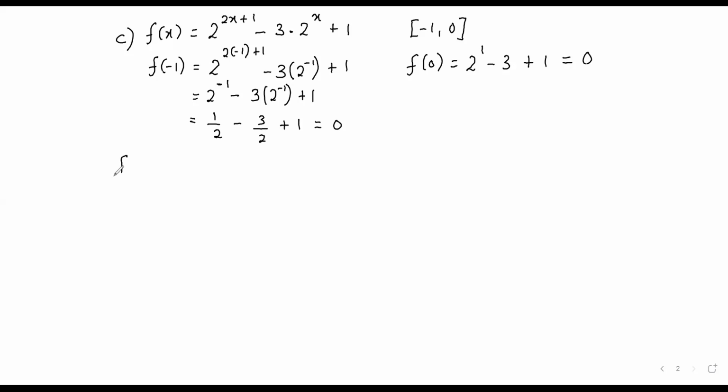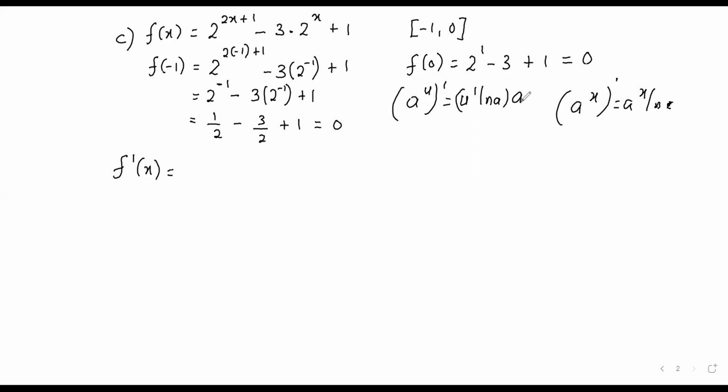So to differentiate f prime, remember we demonstrated the derivative of a to the power x, that you get a to the power x, and then ln a. We also demonstrated the derivative of a to the power u, that you would get the derivative of u multiplied by ln a multiplied by a to the power u. So here now we are in that system.